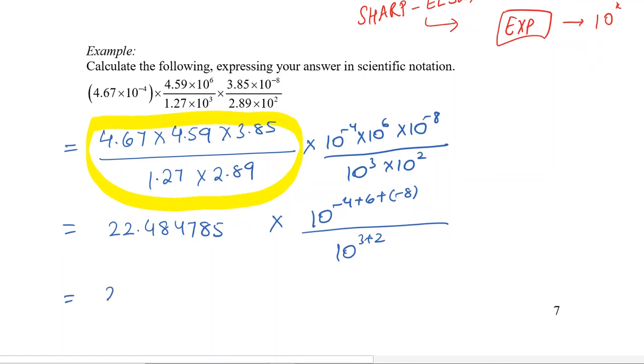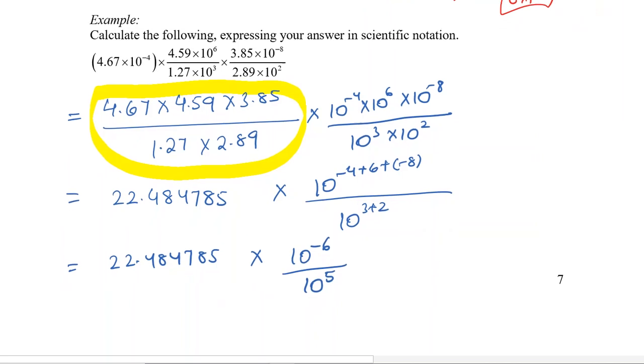We get 22.484785 times, so negative 4 and negative 8 is negative 12, and plus 6, that is negative 6. And in the denominator, we have 3 plus 2, that is 5.